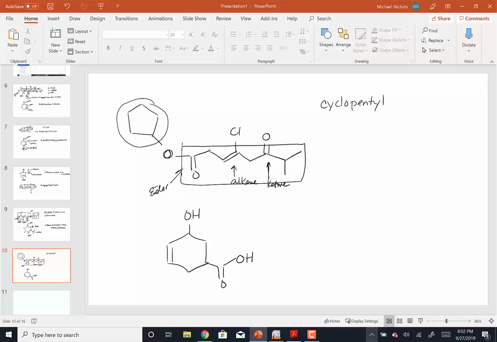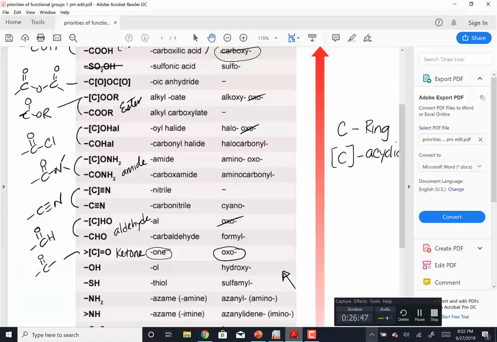Which of those is the highest priority? The ester, followed by the ketone, followed by the alkene. So the ketone now is just another substituent, and so we'd have to look at our chart and say, okay, what is a ketone?